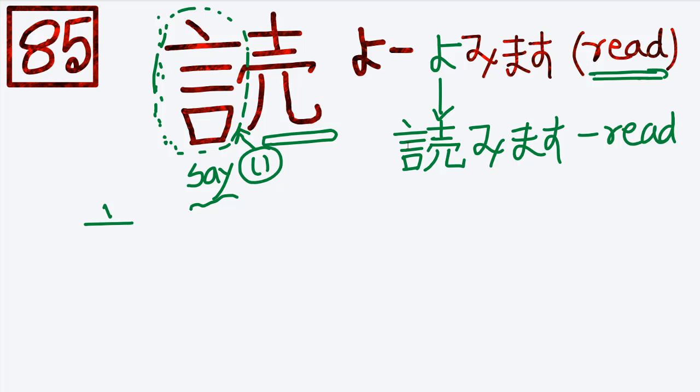So first, second, we already know this kanji. For third, here is horizontal and little vertical, then this one, and here is that one. So here again first, second, third, fourth.